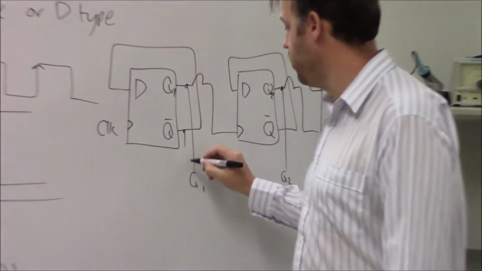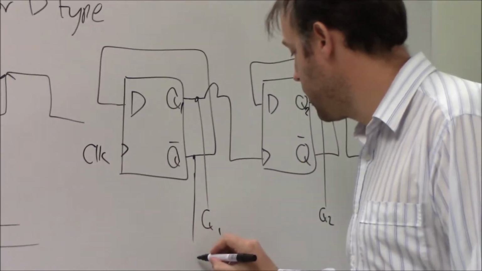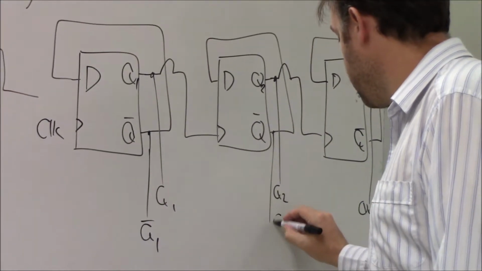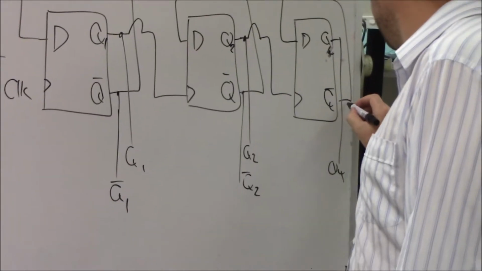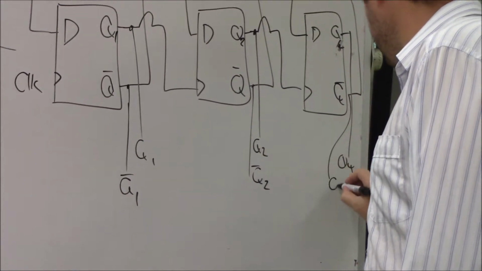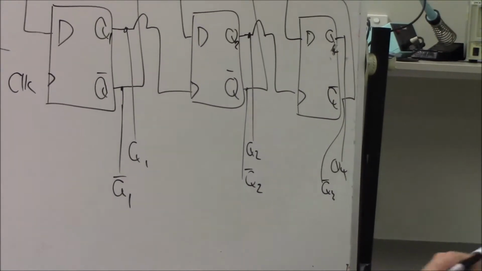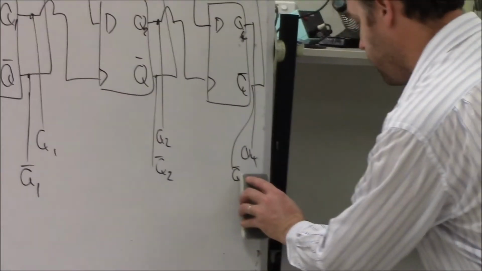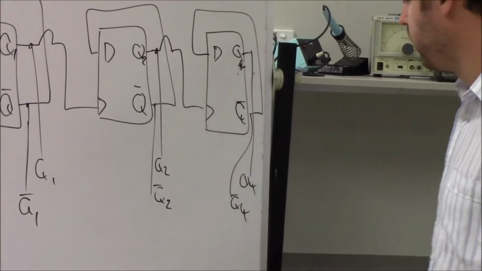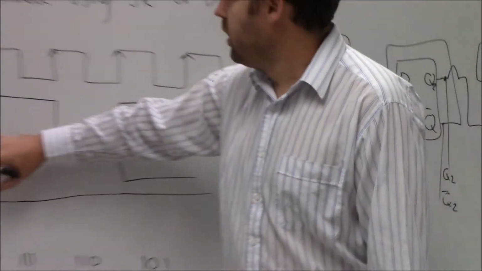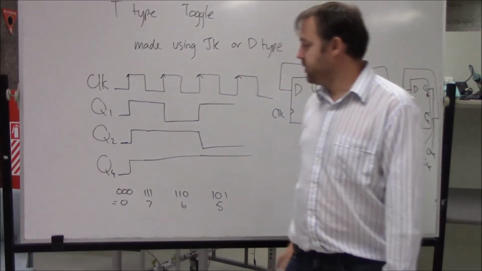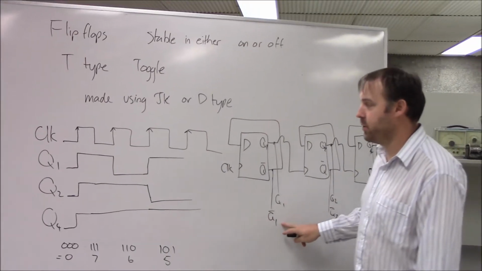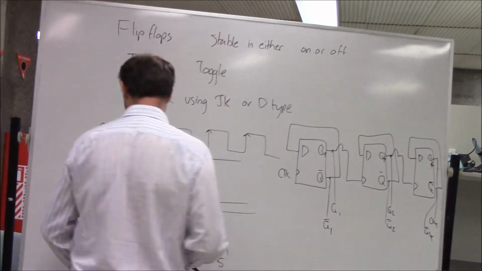So if I'm using Q bar, so that's going not Q1, then not Q2, and not Q4. Before I had 0, 0, 0. If for my Qs, the output is going to be 1, 1, 1 in this case.